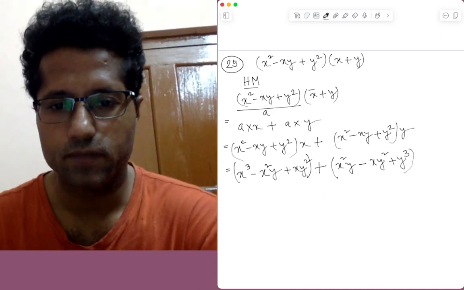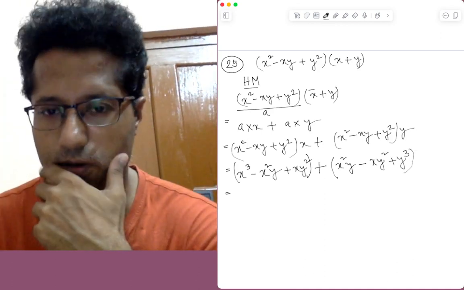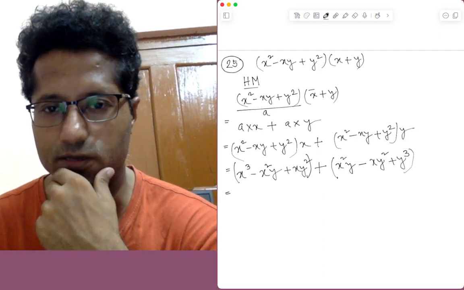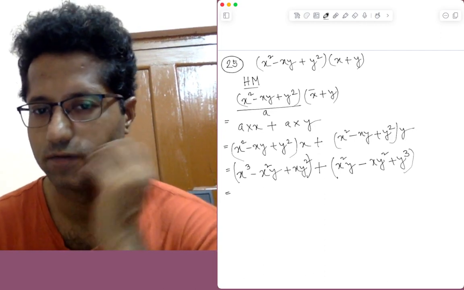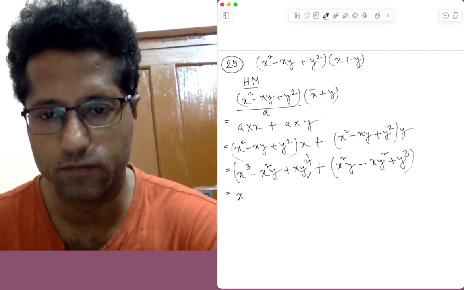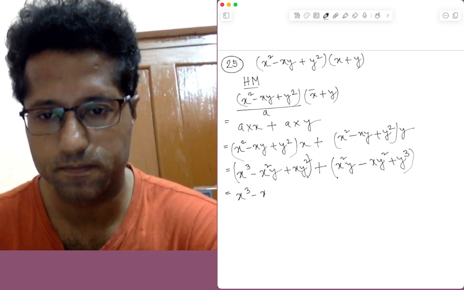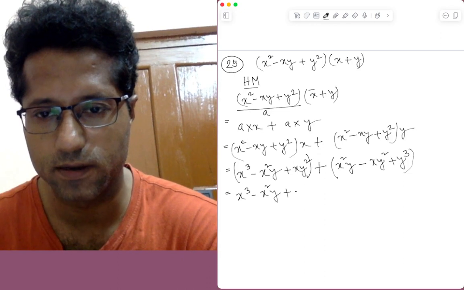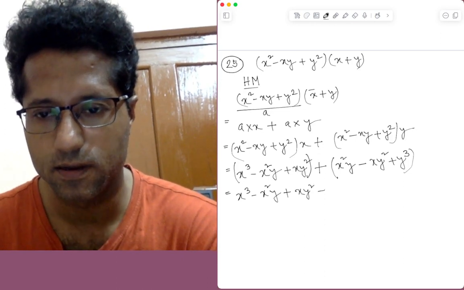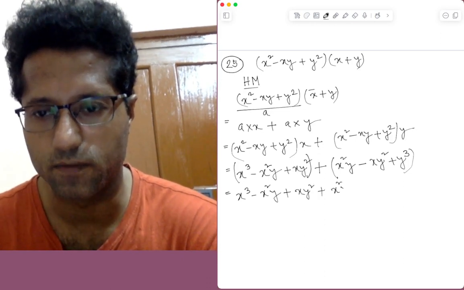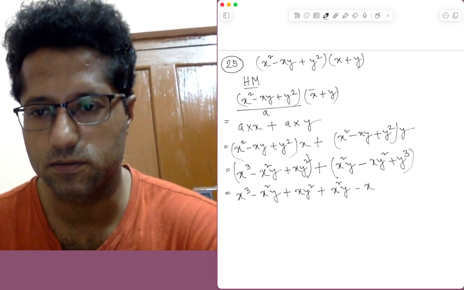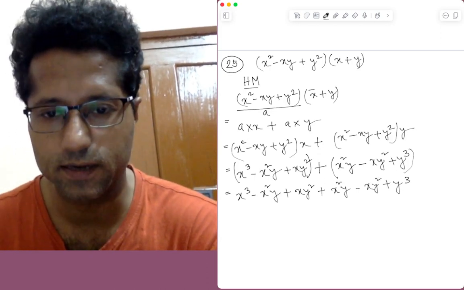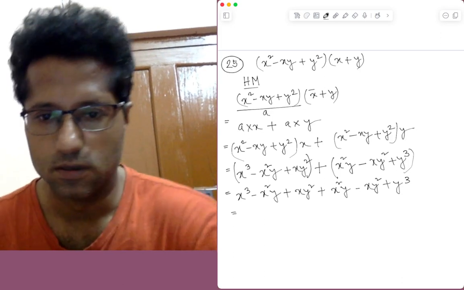So now we can remove the grouping because in front of the grouping there is no negative sign, both are positive signs. So this becomes x cube minus x square y plus xy square plus x square y minus xy square plus y cube, and now we have to add all the like terms.